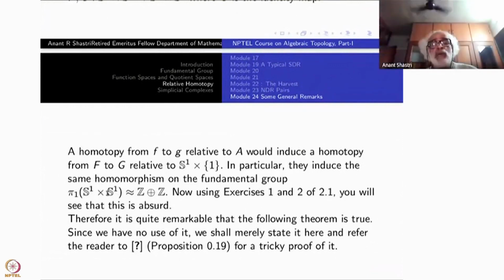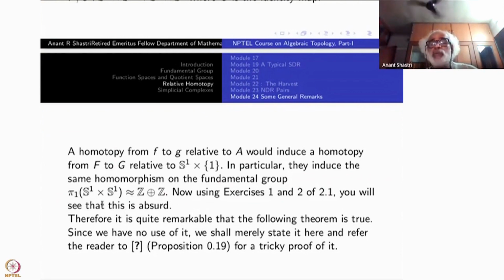So I have left it at this stage. Using those two exercises, you can see this is observed at the fundamental group level. For G, the first generator goes to itself and the second generator goes to itself.